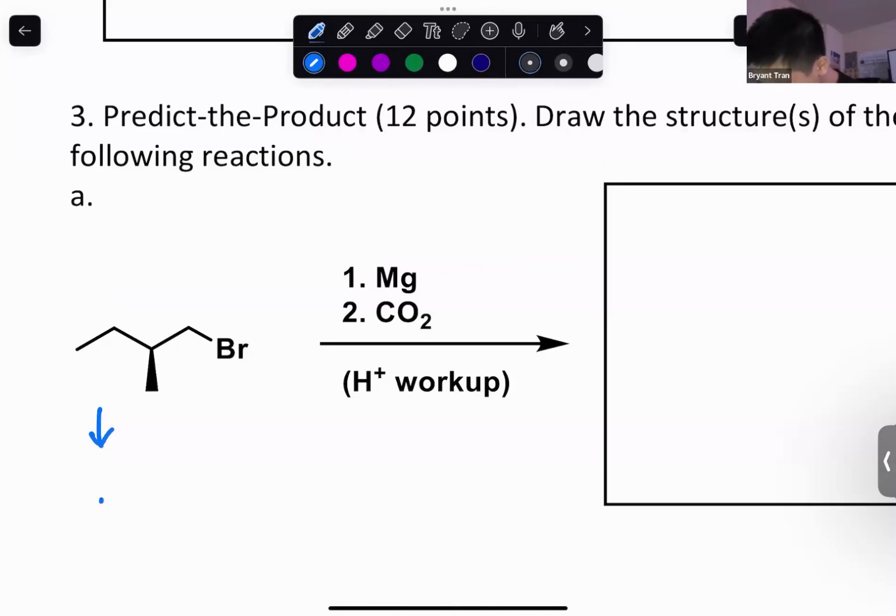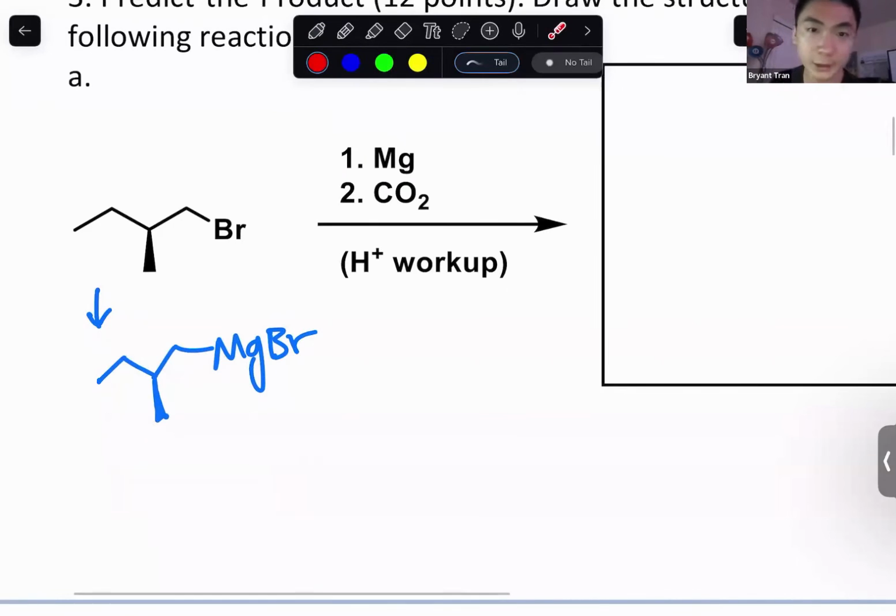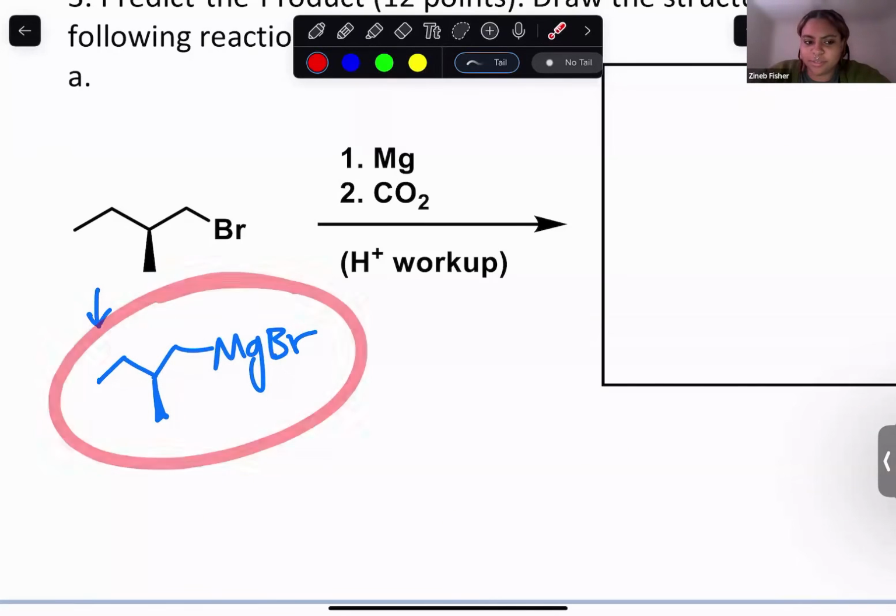So we're going to have this MgBr here, and there is a very specific name for this reagent, which is a Grignard reagent. And what do you know about Grignard reagents? Are they nucleophiles or electrophiles? Electrophiles?